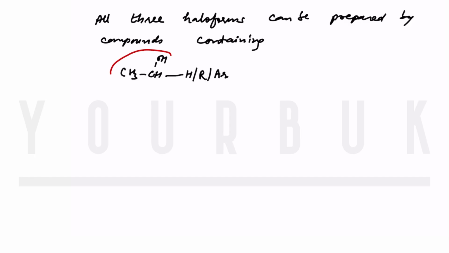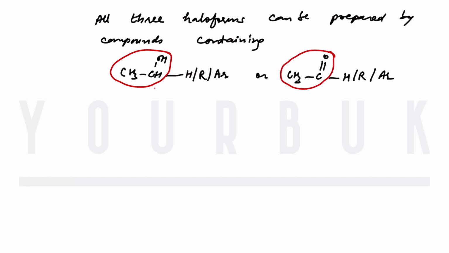Or compounds containing CH3CO, again with the fourth valency satisfied by H, R, or Ar. So compounds containing either this group or this group can be used as a starting compound to prepare haloform.